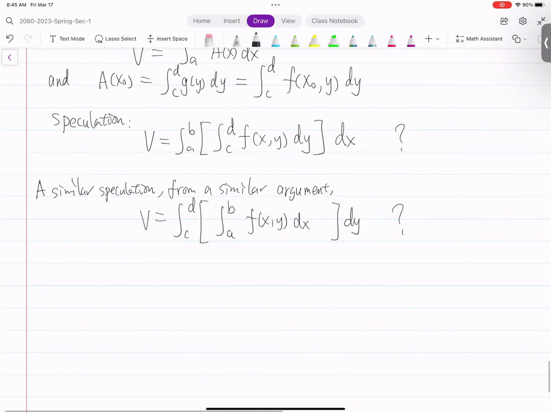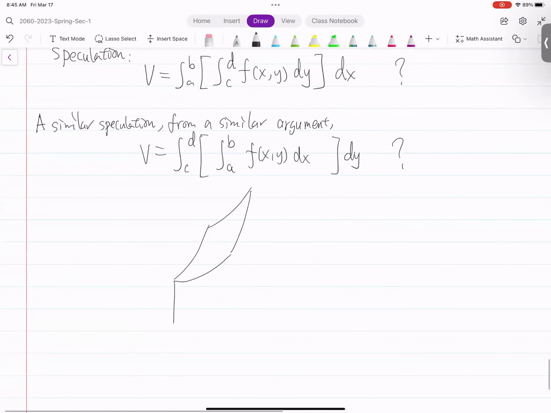And what's the idea? It's the same surface. I'm going to quickly sketch it.